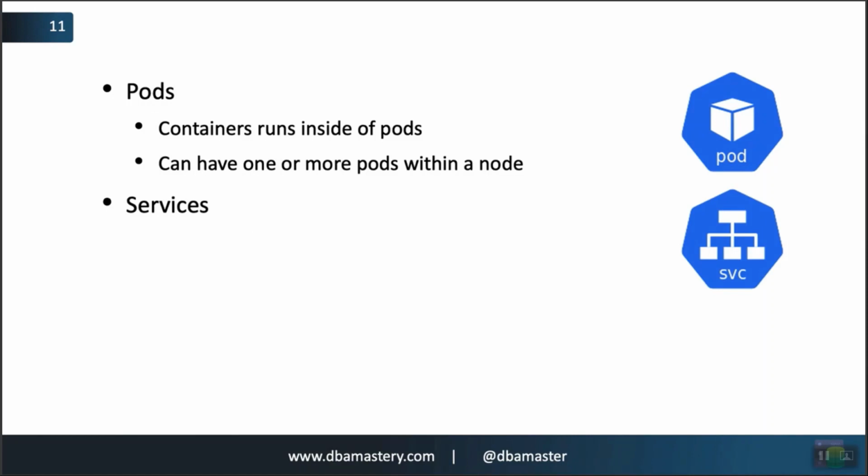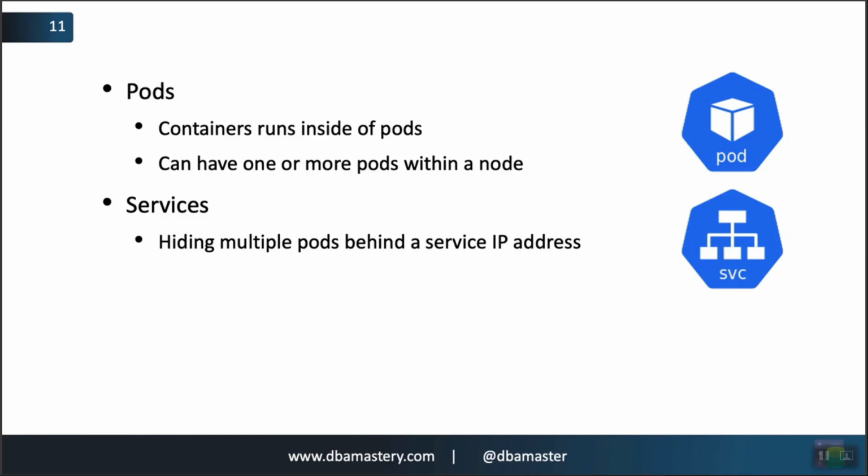Then we have services. Services help us to hide multiple pods behind a service, like a service IP address, a DNS or a static IP. This is really important because pods are mortal. If there is something wrong with a pod, Kubernetes is not going to try to resurrect that pod.